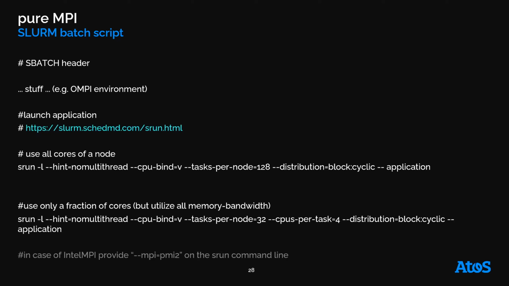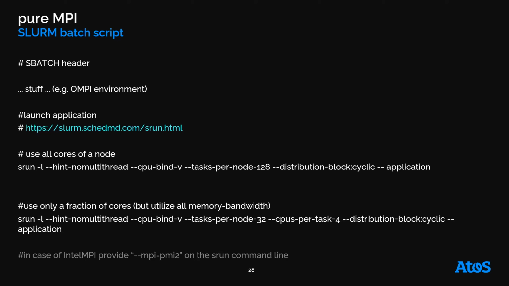What you see here is a command to launch a pure MPI application. srun is the command. -l or --label tells srun to prefix every standard output and standard error line with the rank ID.